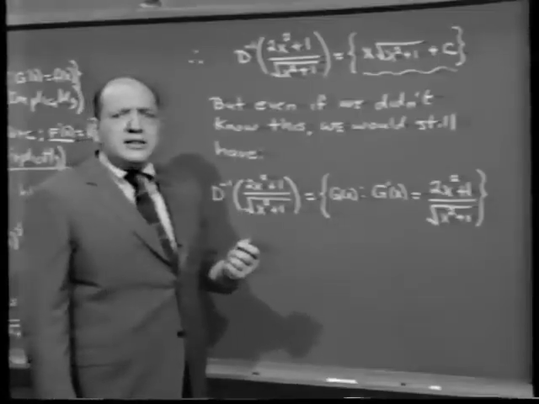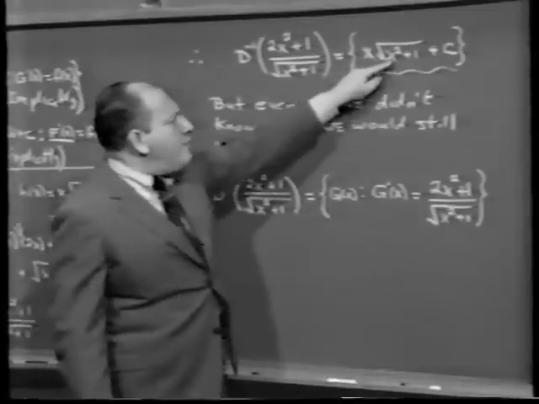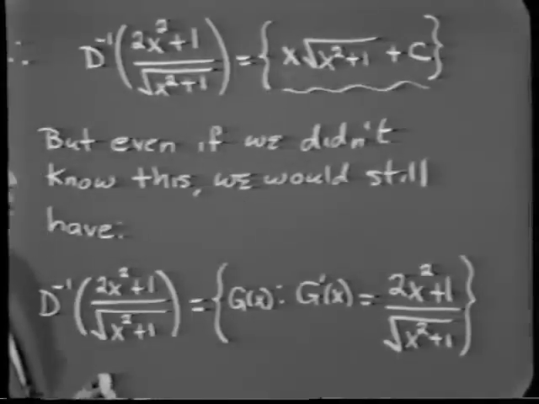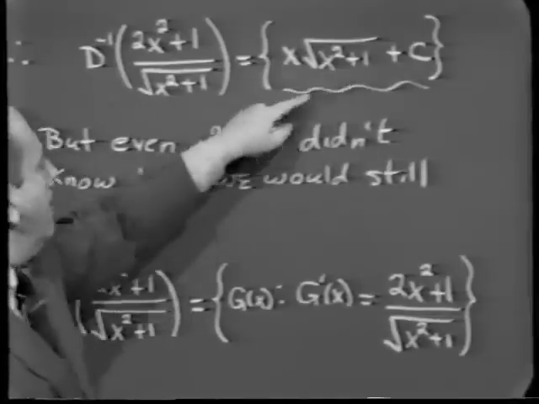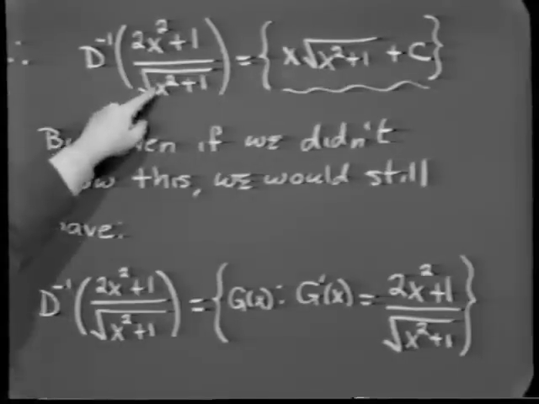However, notice the following. Suppose you weren't able to find this, and somebody said to you, I wonder if x times the square root of x squared plus 1 is a function whose derivative is equal to this.